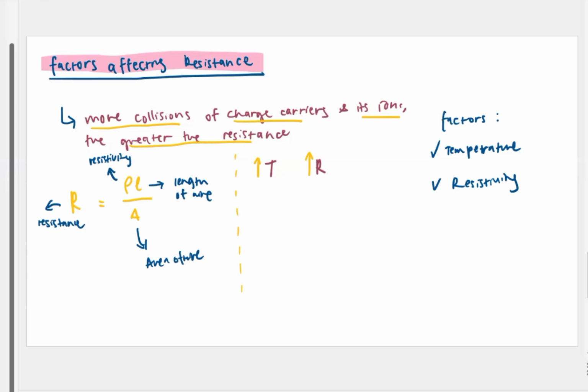Now, when the resistivity increases, what will happen to the resistance? Well, we could see, since they are aligned like this, just look at the pattern. If the resistivity increases, the resistance also increases.